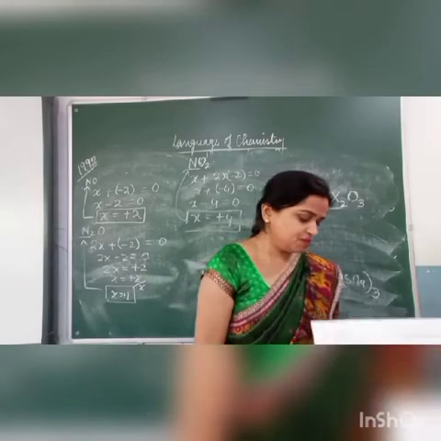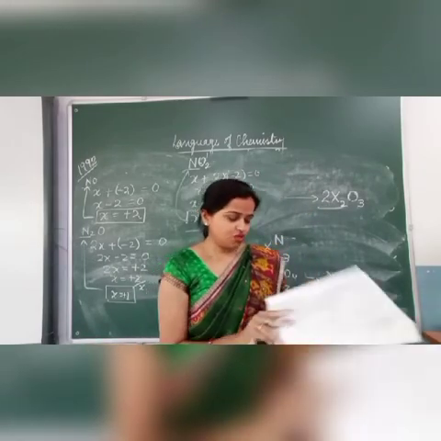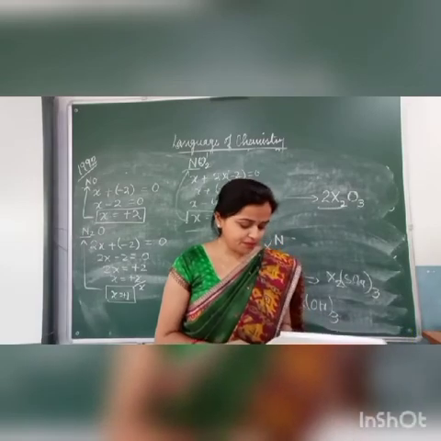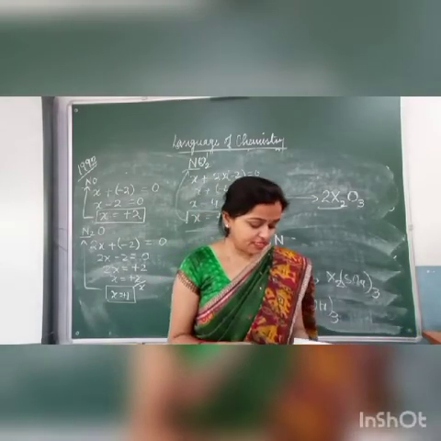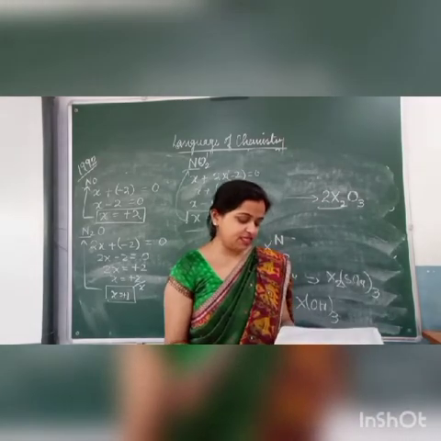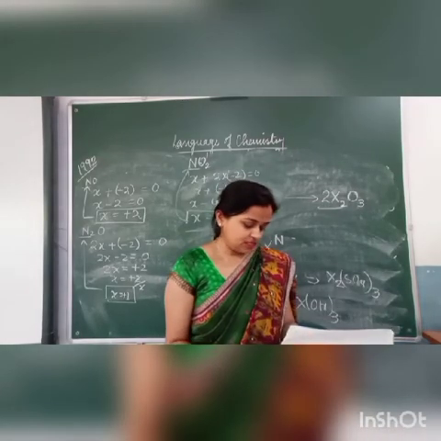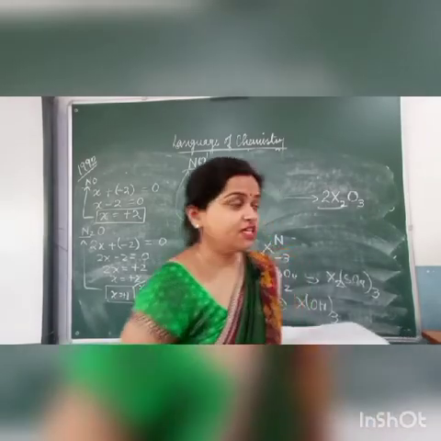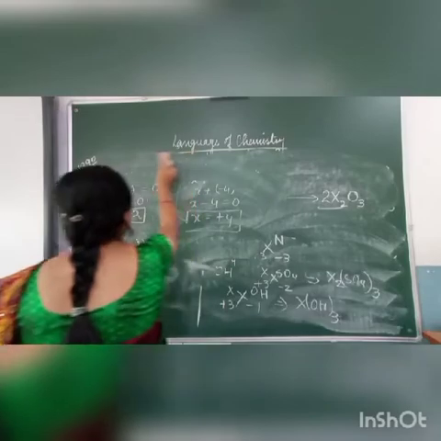Some of the questions you can do in the book and some of the questions you have to do in the copy. It is better to do questions in the book, and see question number 15, 16, 17 and 18, and question number 22, 23, 24. These questions you have to do in your copy.